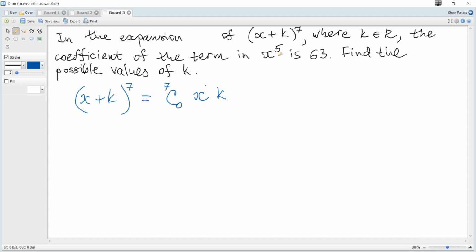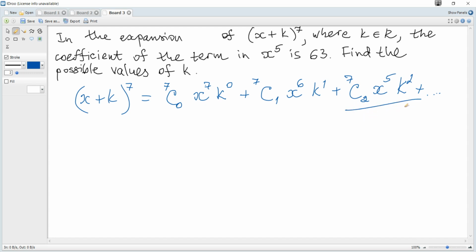Since we need x to the power of 5, let x start from the greatest power 7, and hence k starts from 0. The next is combination 1 out of 7, x^6, k^1, plus combination 2 out of 7, x^5, k squared, plus, and so on. And we need only this term.